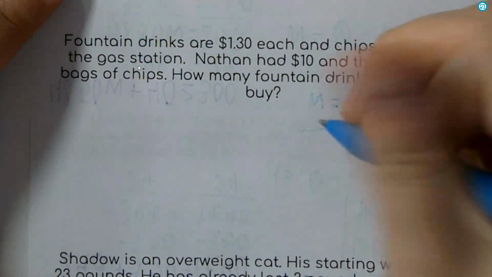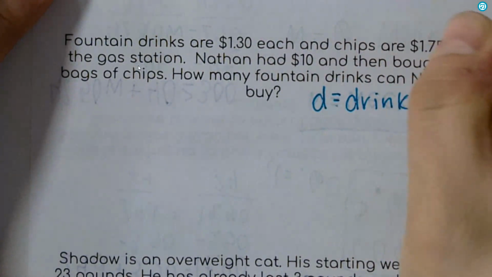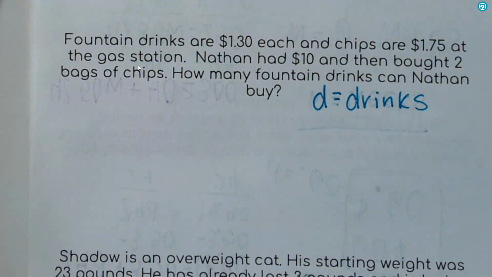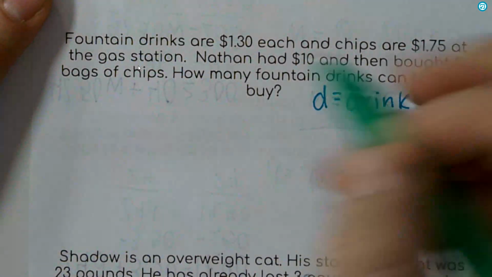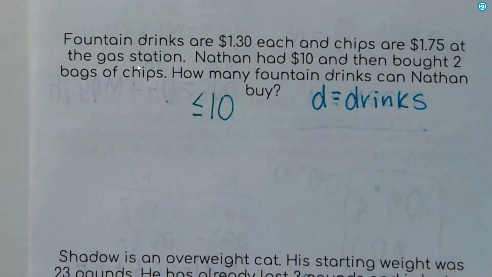D equals drinks. Does he have to spend all $10? No. Are you allowed to get change at a store? Yeah. So he needs to spend less than or equal to that $10. So let's go ahead and put that down.